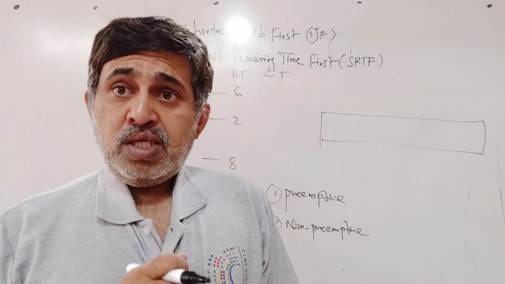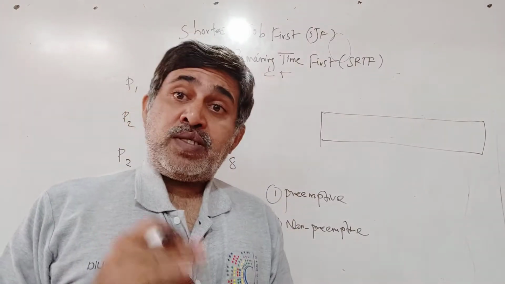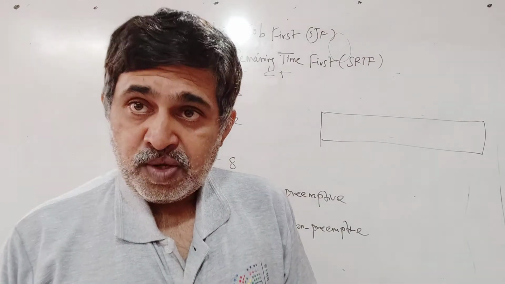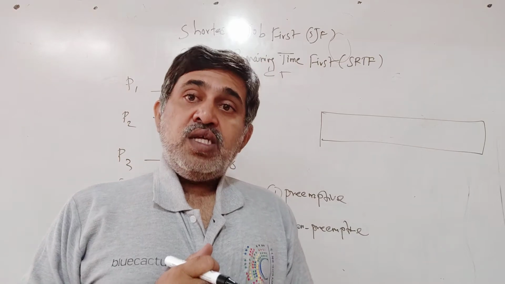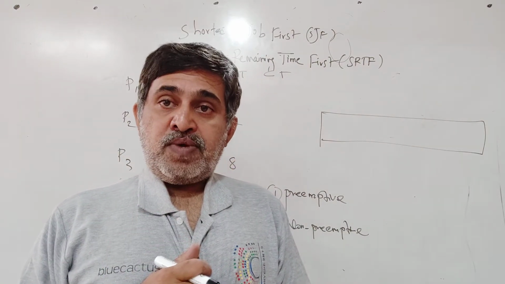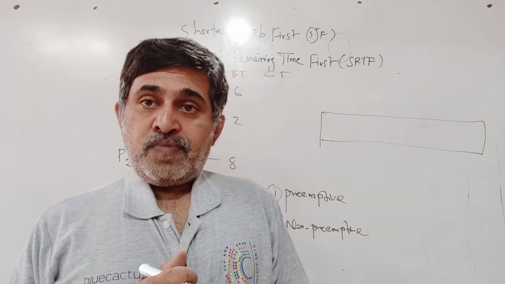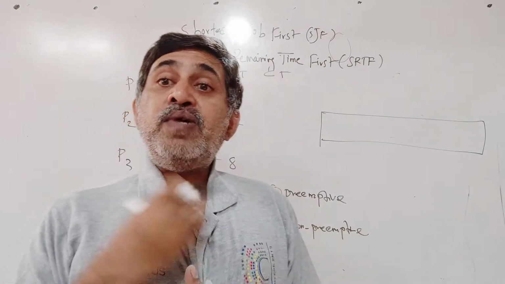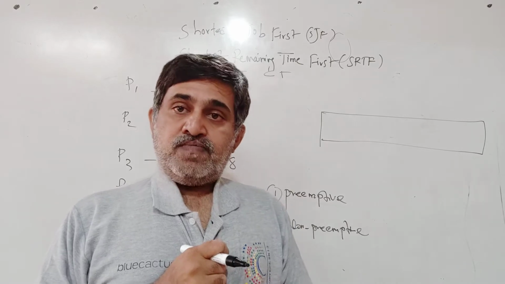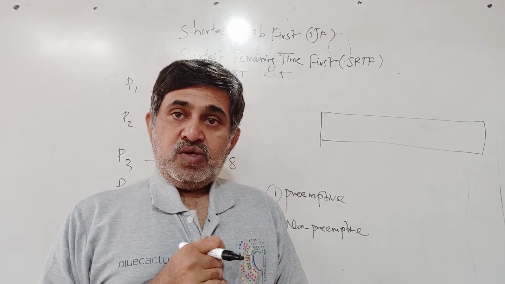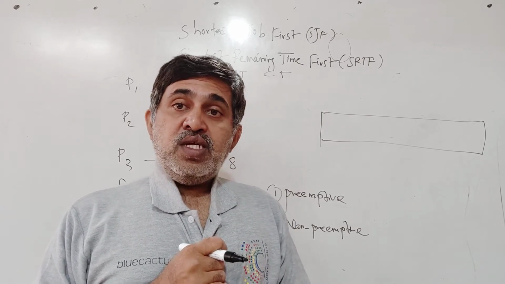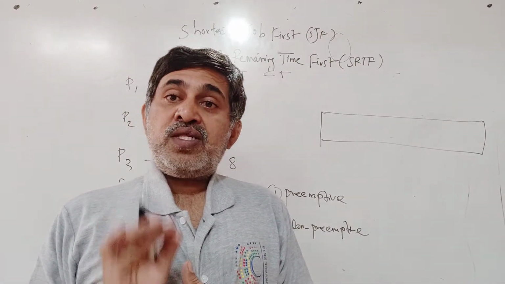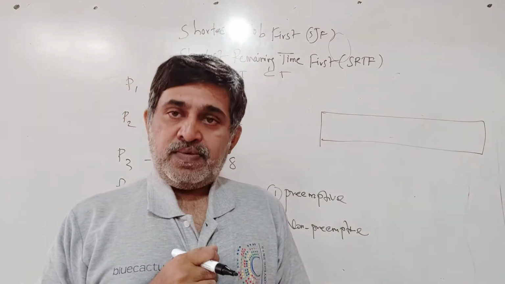And suppose the priority of P2 process is higher than priority of P1 process, which is currently executing in CPU. What CPU does is, CPU will stop the execution of process P1, which is having lower priority. This P1 will be swapped out and P2 process will be taken up for execution. So now what has CPU done? CPU has preempted process P1, forcibly stopped the execution of process P1.